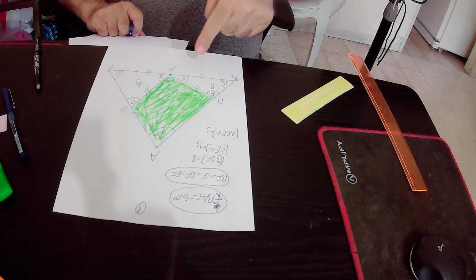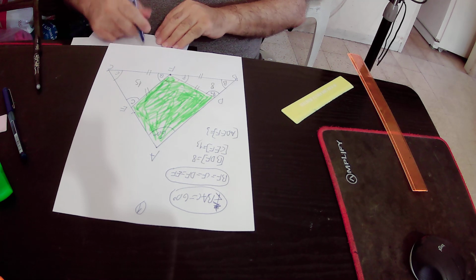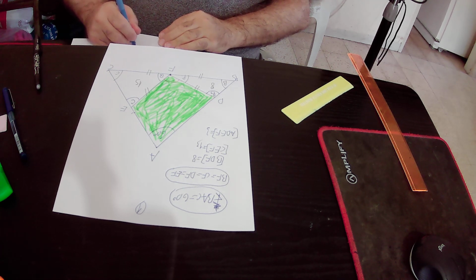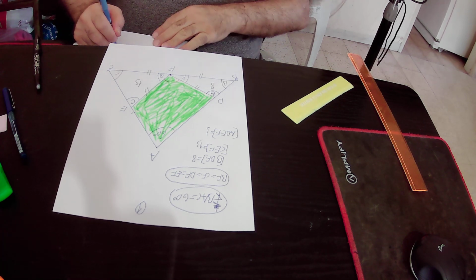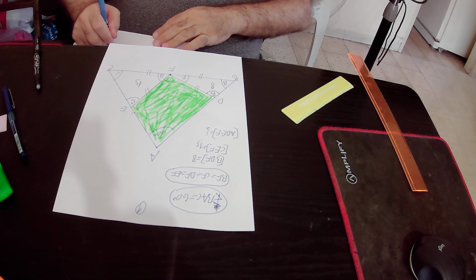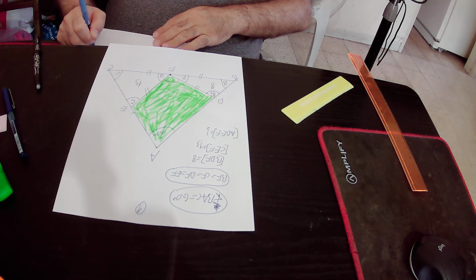So we can write down that P plus Q plus angle DFC equals 180 degrees according to rule number 2.